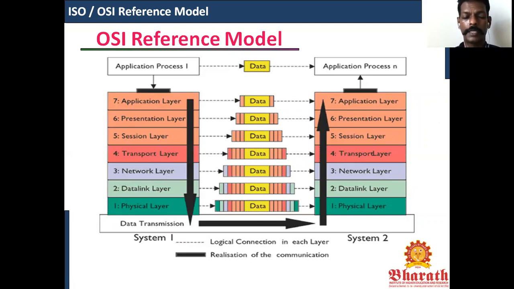So I need a source machine, a destination machine, and then a media. Next comes the protocol. A protocol is nothing but a set of rules to govern your network.